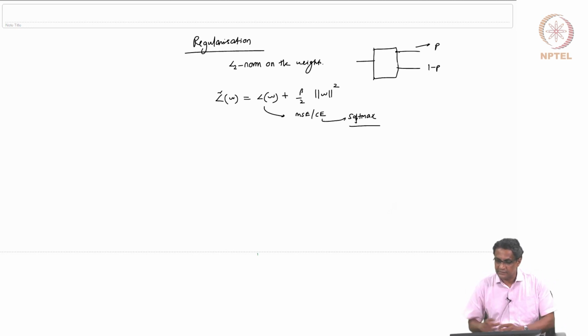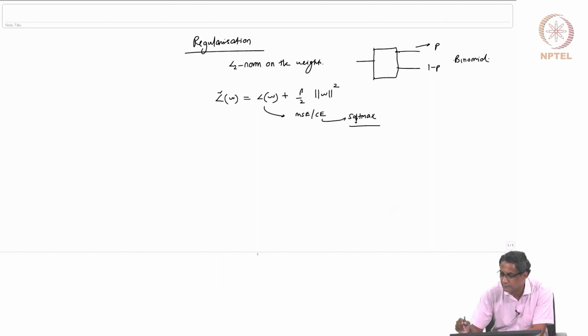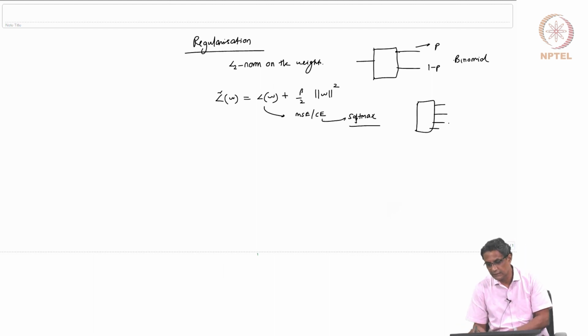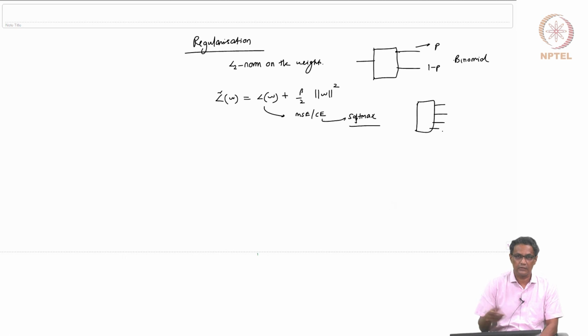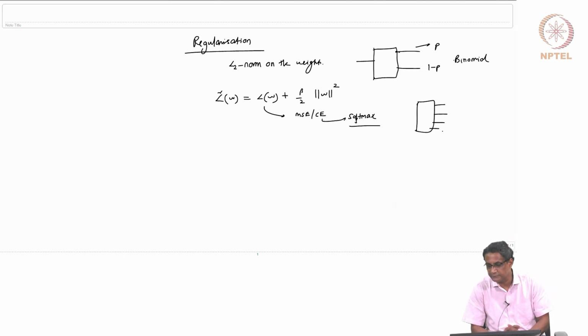But this will be a binomial case. If you had a multinomial case, where you've got several classes, typically one doesn't limit oneself to just a foreground or a background. For example, in that ImageNet classification problem, we had 1000 classes. Then it no longer makes sense to talk about P and 1 minus P. All that we know is they should all sum to 1.